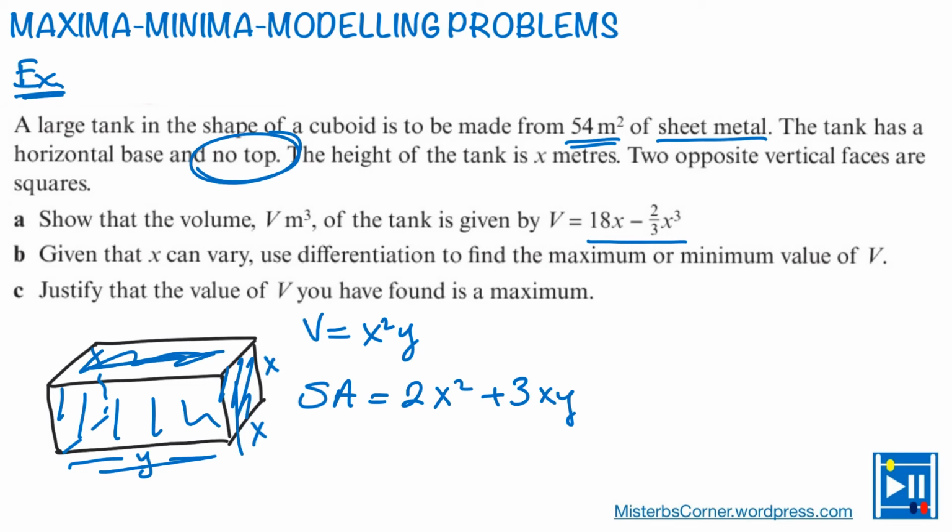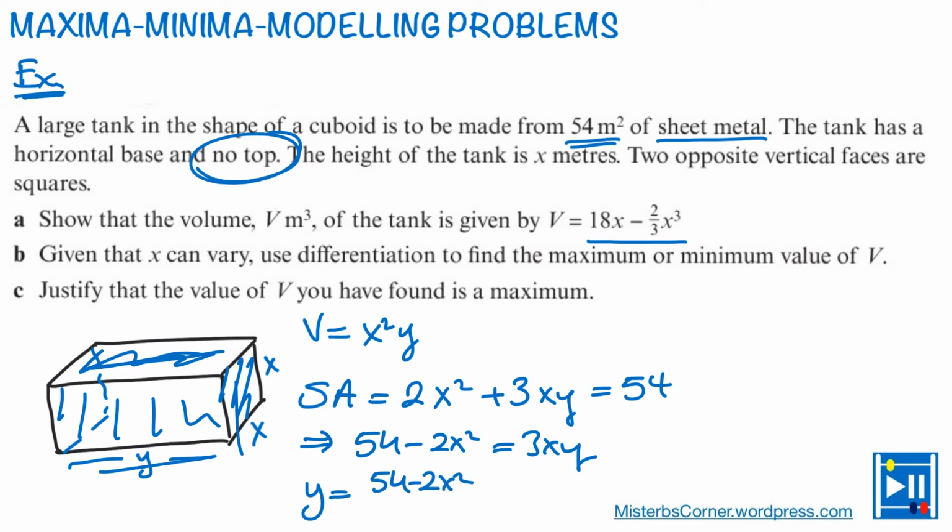So it's 2x squared plus 3xy. Now this is given to be 54 meters squared. Now let's try to leave y alone. So it's going to be 54 minus 2x squared equals 3xy. And if I divide both sides by 3x, I'm going to get y to be (54 minus 2x squared) over 3x.